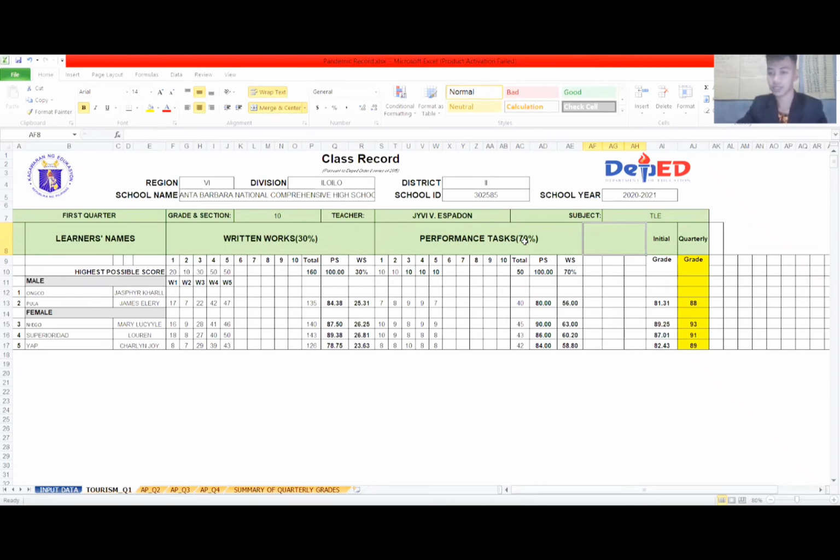And this pandemic grading system is approved and given by the DepEd. So the 20% of the quarterly assessment is divided here. The 10% is added to written works, which is 30% now, and the 10% is added to performance tasks, which is 70% now, because the pandemic grading system is more based on performance.